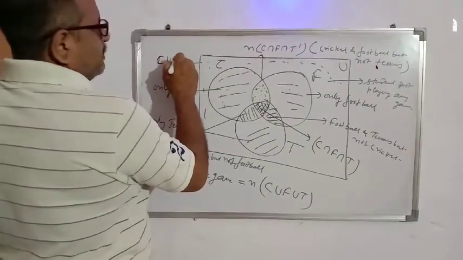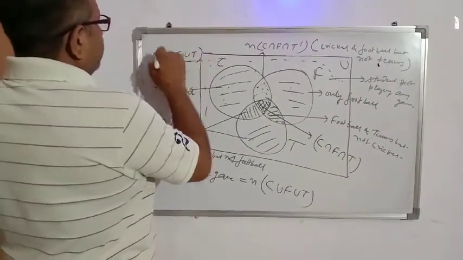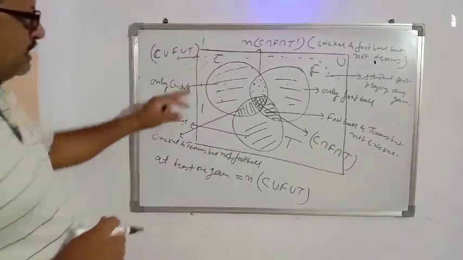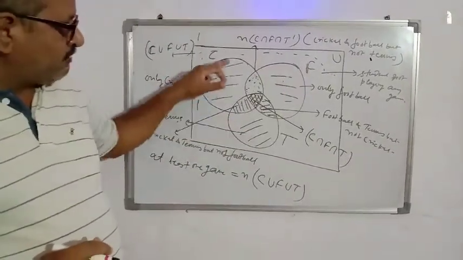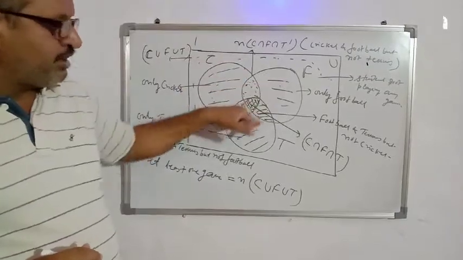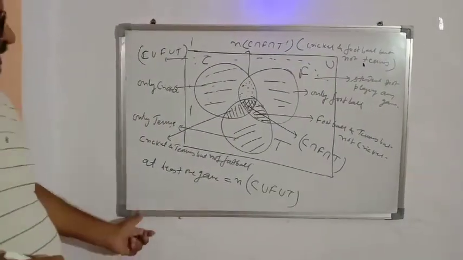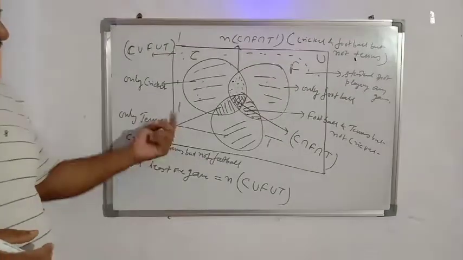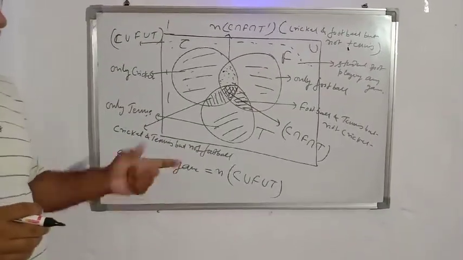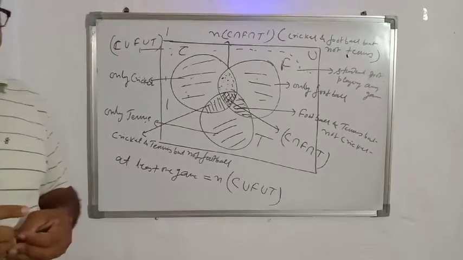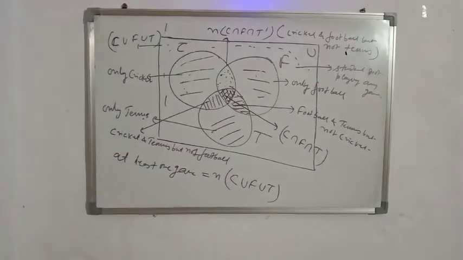Complement of cricket union football union tennis. This region is the union of these three, and its complement is the complement of the union of these three. We will solve some problems using the Venn diagram, and it will be clearer with the help of examples. So let us see some examples.